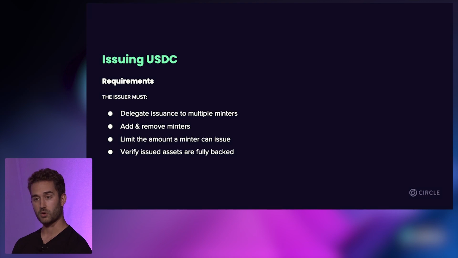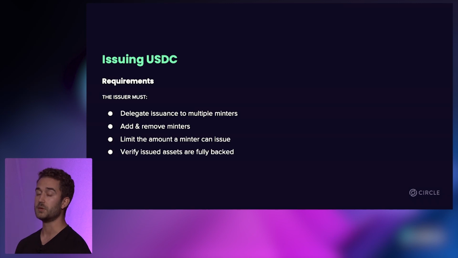And this was the core requirement that had downstream effects on the solution that we're going to go over. Because Circle wanted to allow issuance to be delegated to multiple organizations, they had to be able to control a list of those organizations. So they had to be able to add organizations or Stellar accounts to this body of issuance and remove those organizations from the list if necessary.